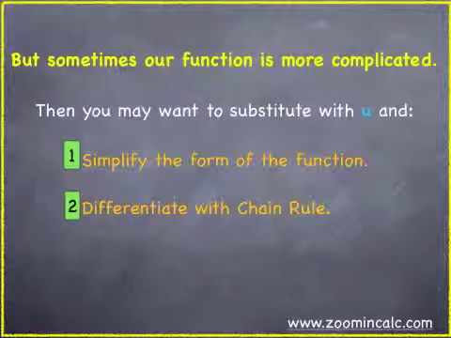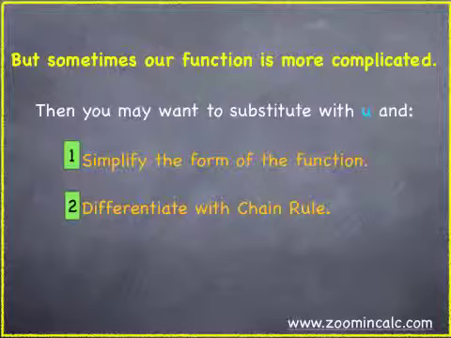So the key thing is, when you have something a little more complicated and you are using chain rule, number 1, you want to simplify the form of the function. The whole idea here is you're going to replace some of your function with the letter u.